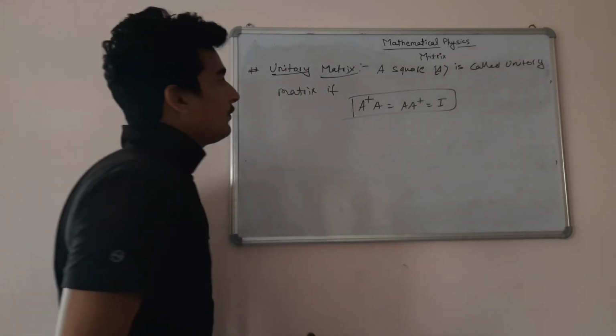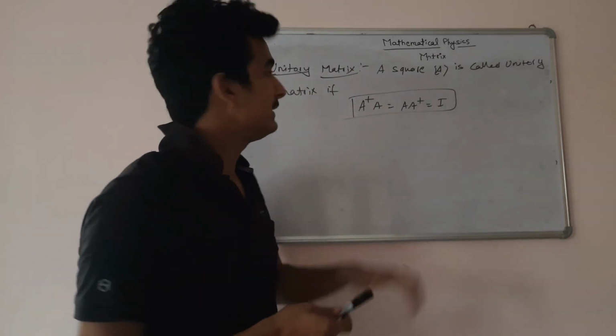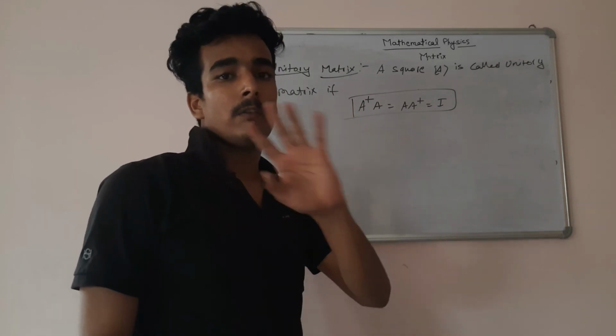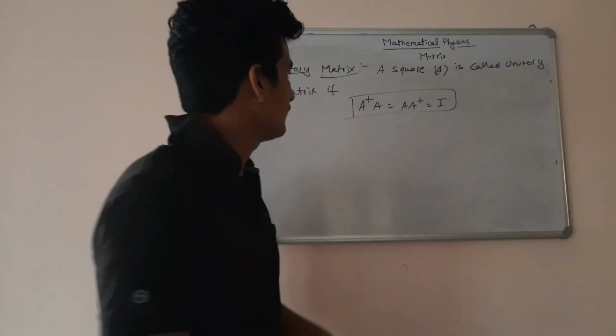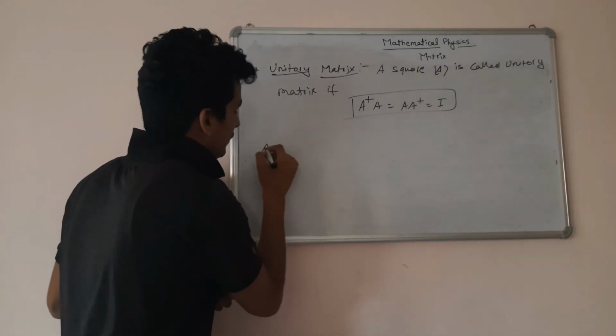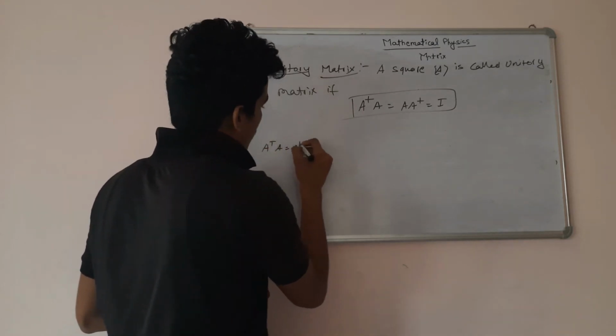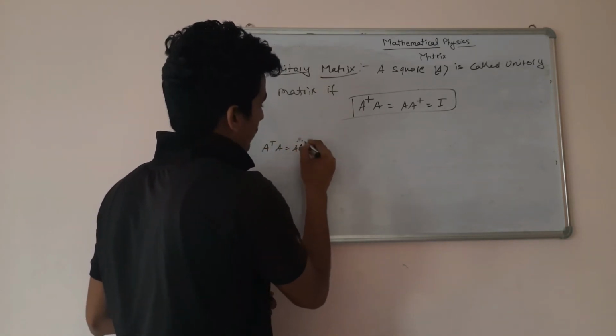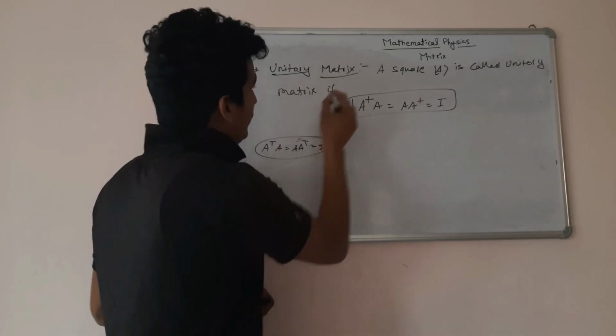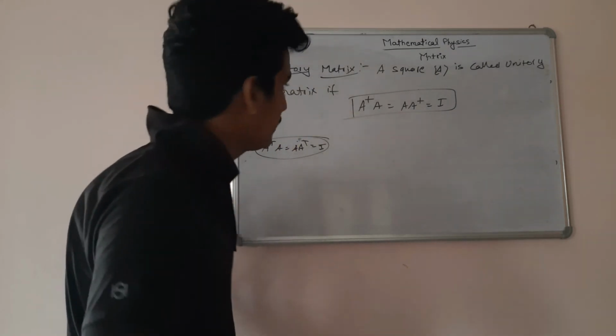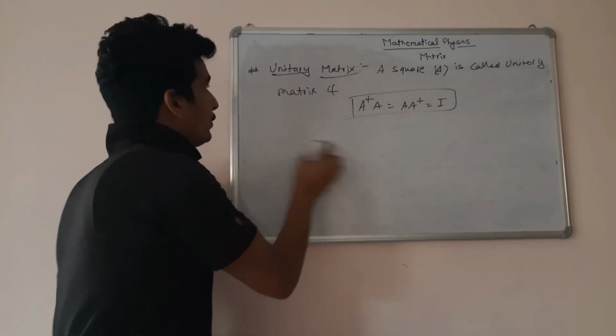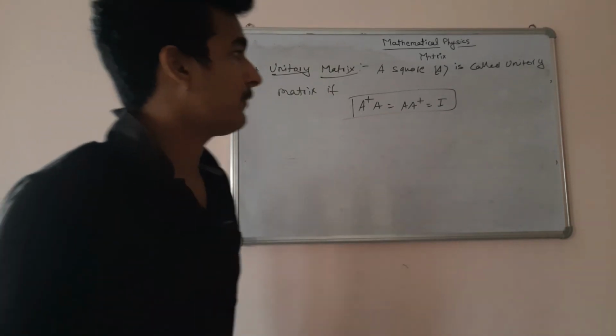This is the equivalent of what happens in an orthogonal matrix, where there is a transpose. That is the definition of an orthogonal matrix, and in unitary there is a dagger. So for a unitary matrix this condition has to be satisfied.